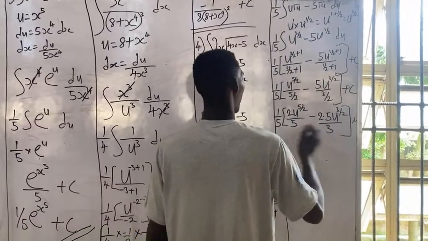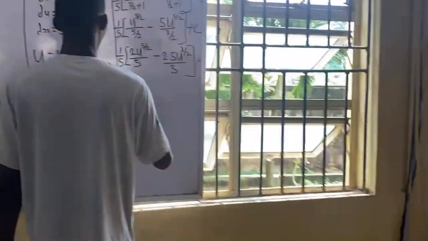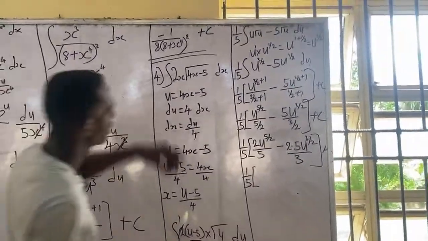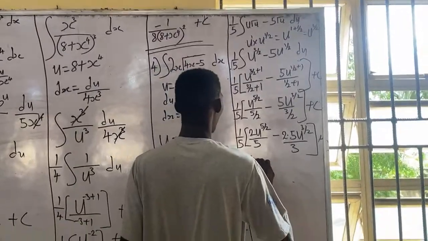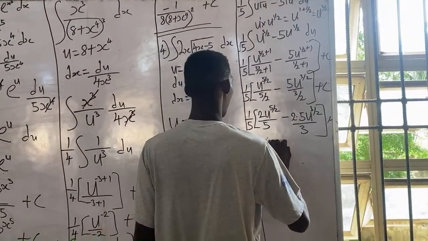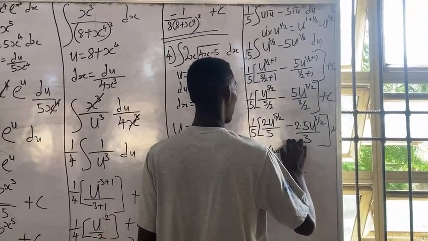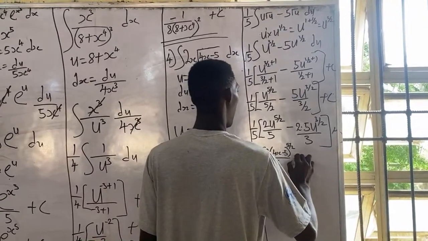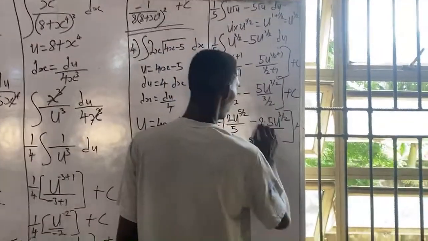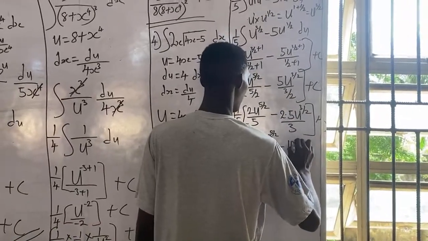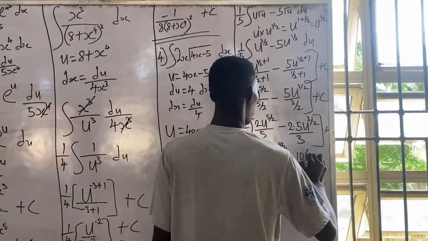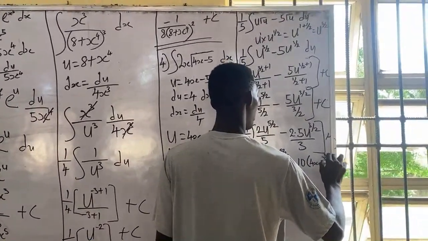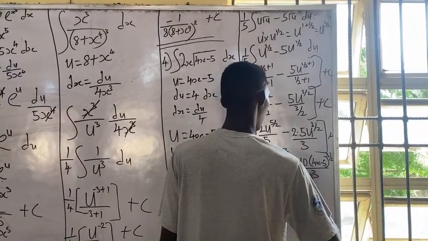So now, let's finalize this by saying 1 over 5. Let's open bracket. Our u is 4x minus 5. So you can say 2 in bracket (4x minus 5) close bracket to the power of 5 over 2, over 5, minus 2 times 5, that's 10, then our u is open bracket 4x minus 5 close bracket to the power of 3 over 2, everything over 3.